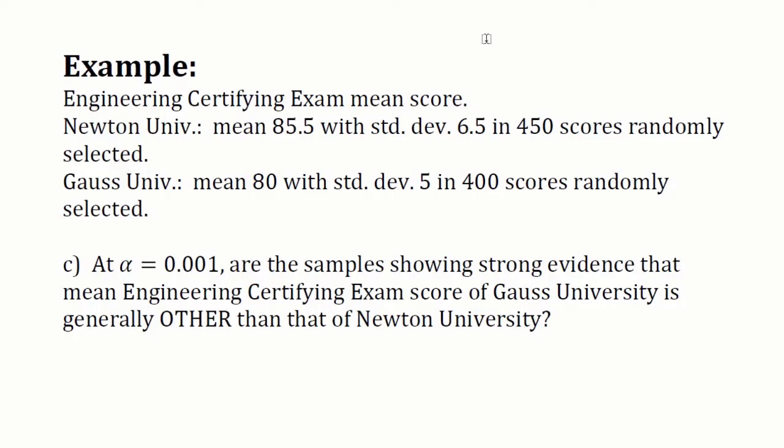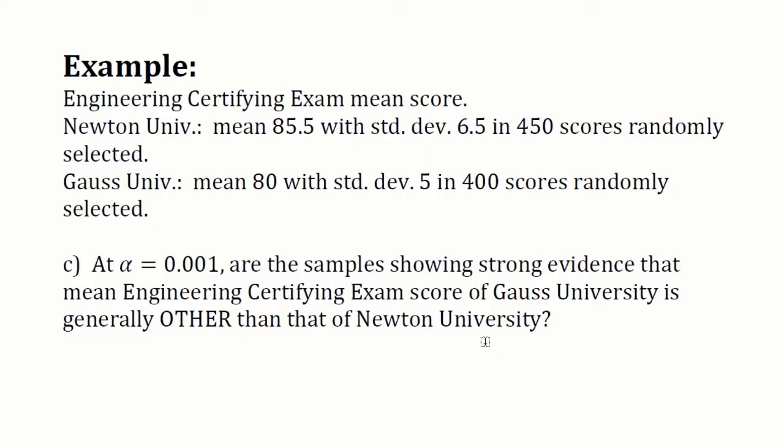And so now back in the wording of the problem, are the samples showing strong evidence that the mean engineering certifying exam score of Gauss University, this is mu 2 according to our labeling convention, is generally other than that of Newton University.